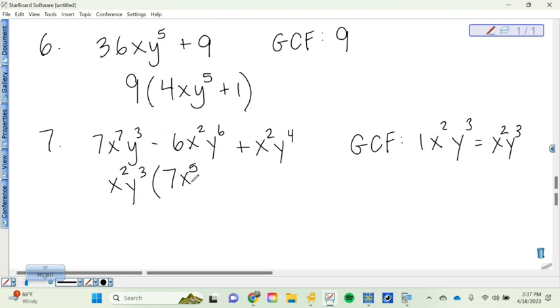Because x squared times x to the 5th would give me x to the 7th. And do I have to put a y on this term? If I put a y there, what would happen? Y cubed times y gives us what? Y to the 4th, is that what I want? No, so I just leave the y off. 7x to the 5th, and then x squared y cubed times what would give me this middle term?